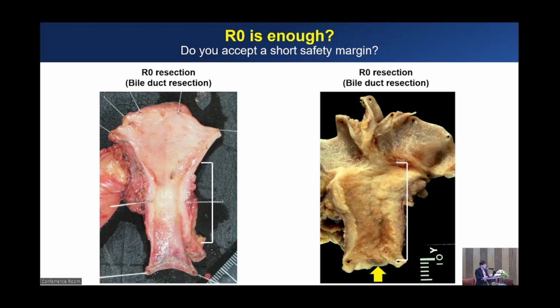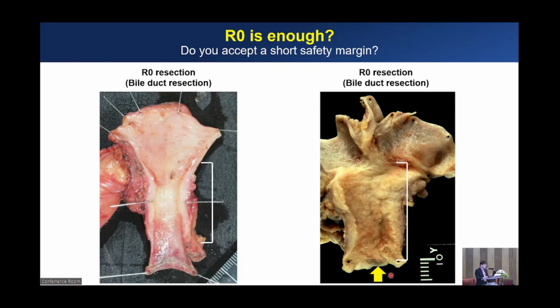So in the left case, the resection margin keeps a 5 millimeter or more safety margin. The upper side is also fine, but here is a very near margin. This is also R0. Those patients are R0, but this is very, very near, less than 1 millimeter. Proximal directions are taken over.